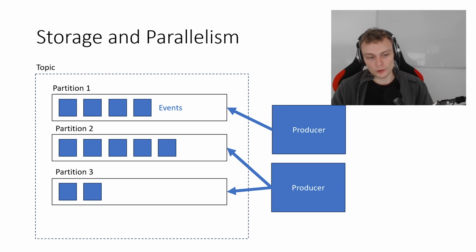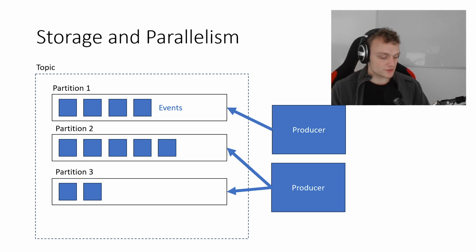Now, what is the purpose of all of that? Since the producers write data into the same topic at the same time, they block each other. I mean, the Kafka broker can only accept one connection at a time for a certain topic. And that's what the partitions solve.